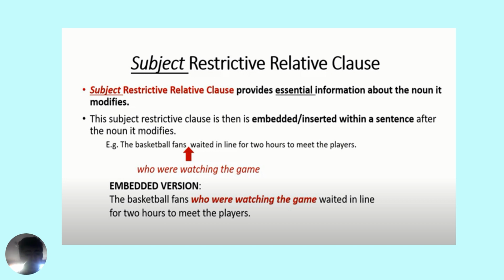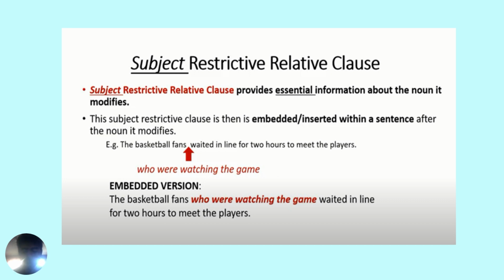The basketball fans who were watching the game waited in line for two hours to meet the players. We are going to insert and implement a subject restrictive relative clause. Here we add essential information to the sentence and make a subject restrictive relative clause.